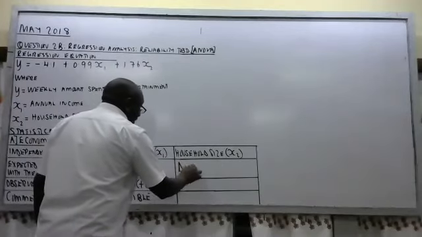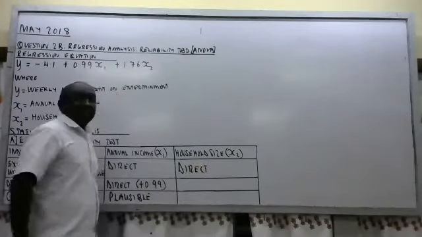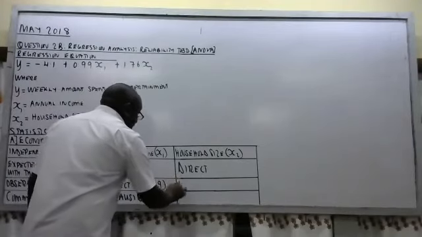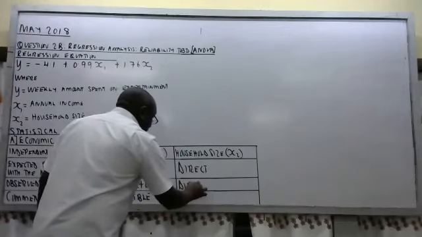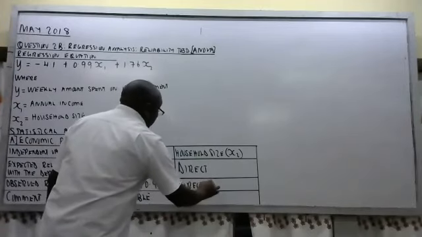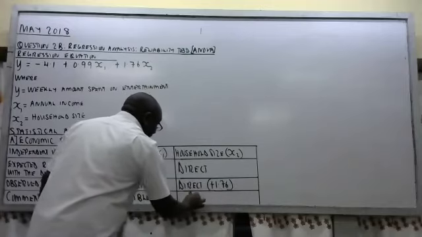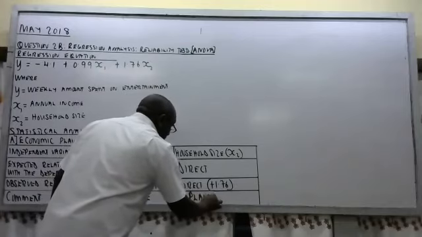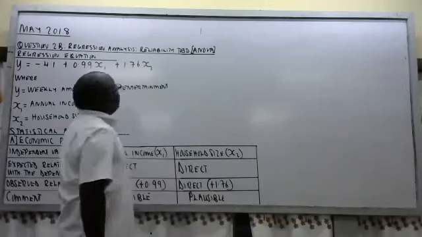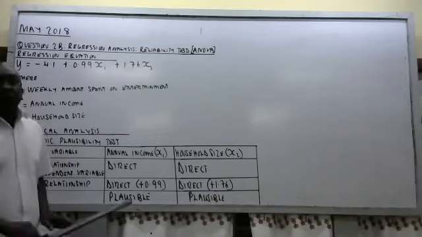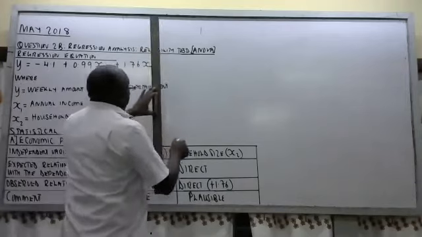The more you are in a family, the higher the chances you spend more. Then what have we seen? We have also seen a direct relationship that is positive 1.76. And therefore, this is plausible.